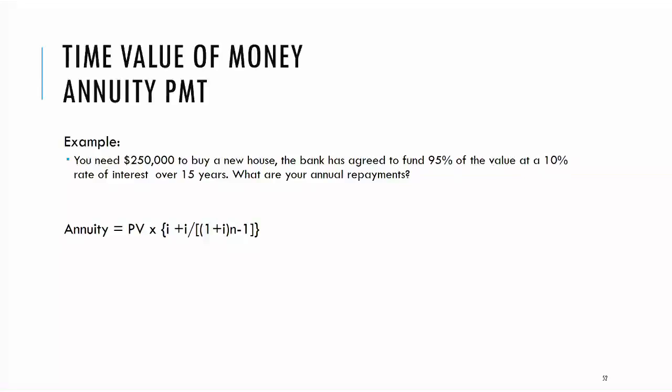Present value multiplied by interest plus interest divided by 1 plus I to the power n minus 1. So what's the annuity?